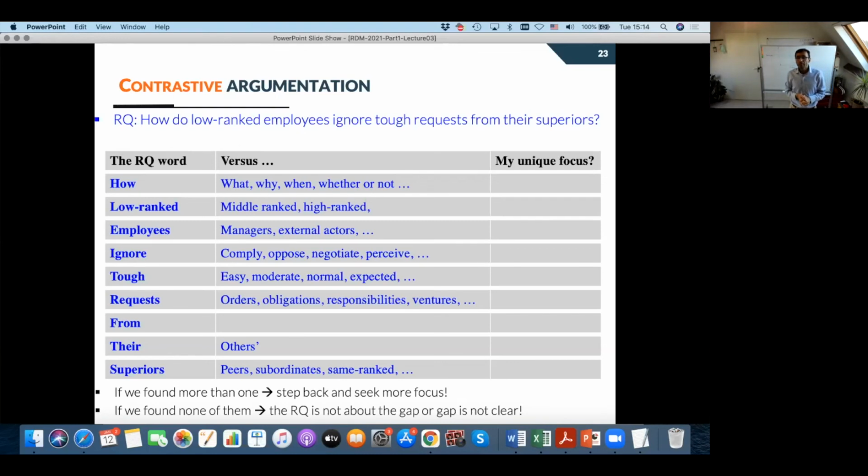So my request is this. We don't have time to practice this exercise. Look at the spreadsheet, the template that I put on Canvas, called contrastive argumentation. Go through this exercise with whatever you have.